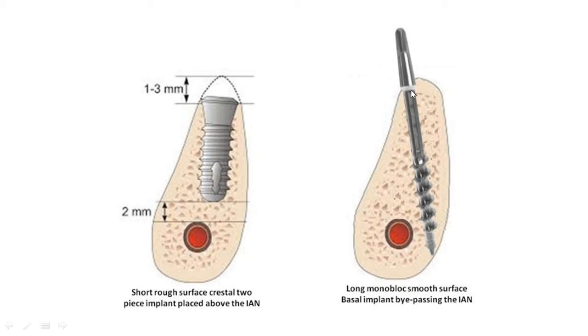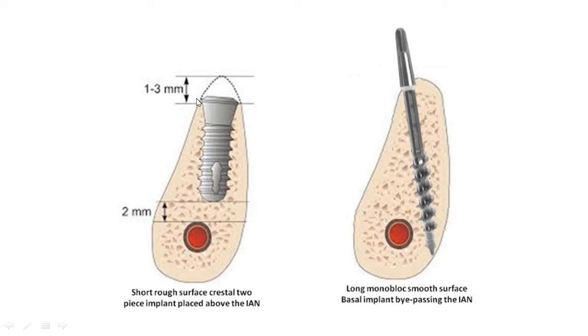So you can see we have bicortical fixation, which is fixation at the one cortical plate and then fixation in the other cortical plate. This implant can only give us unicortical fixation because it's not engaging another cortical plate. The ID nerve is preventing that.